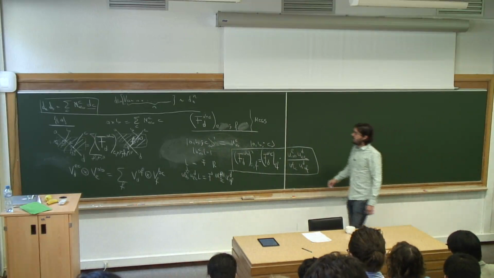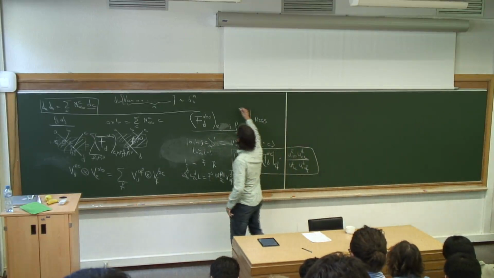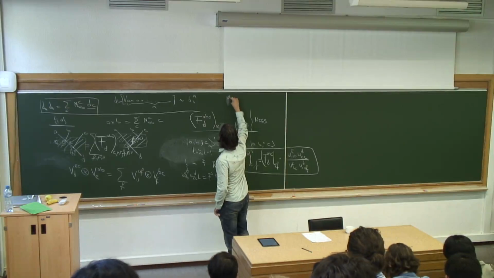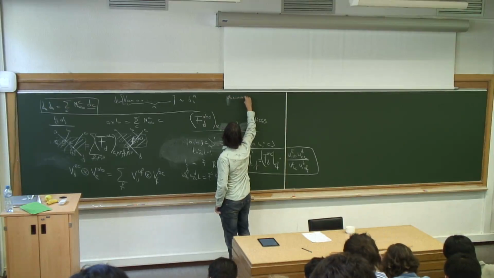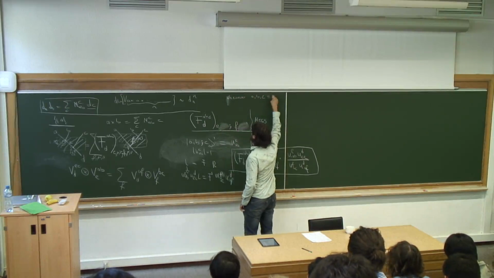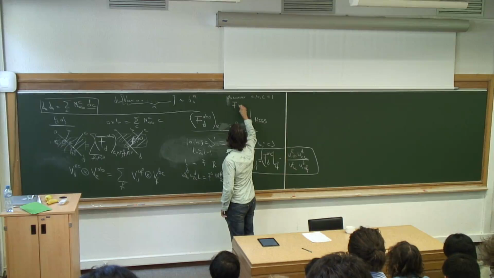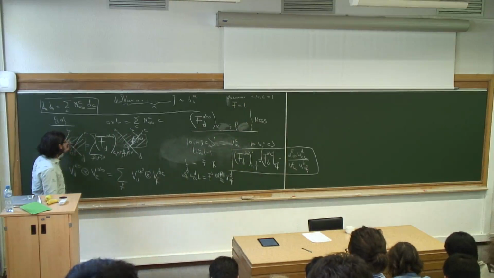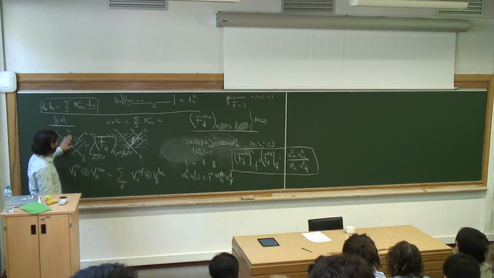They change. Also, the other thing that we physically impose on the theory is that whenever either A or B or C is equal to 1, the F symbol becomes 1. That's just saying that if this is 1, I can just fuse.